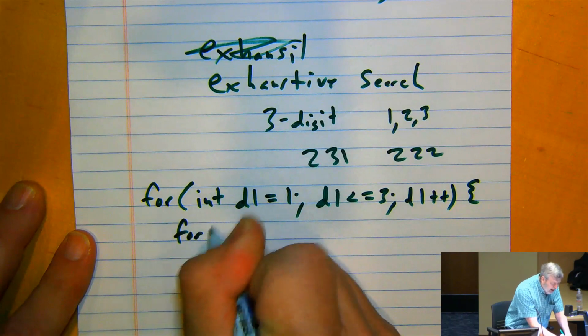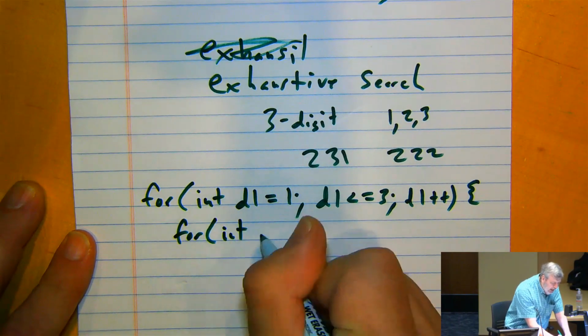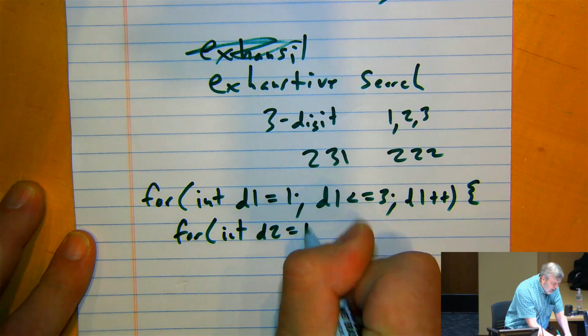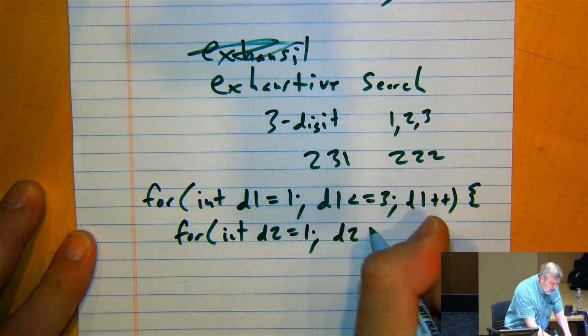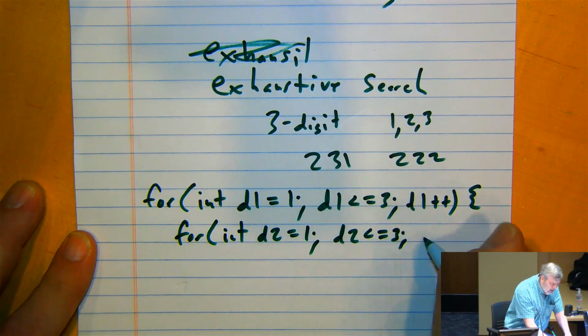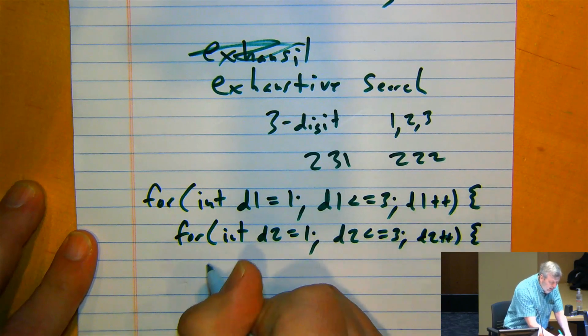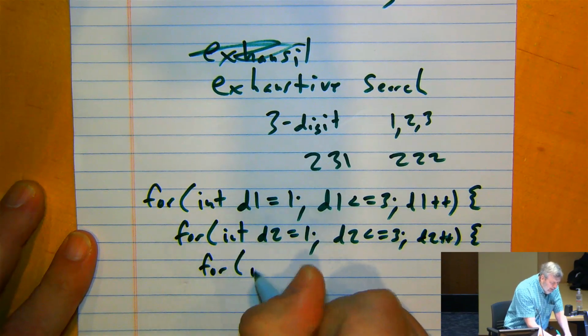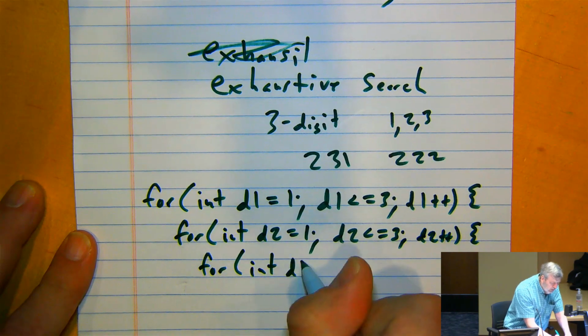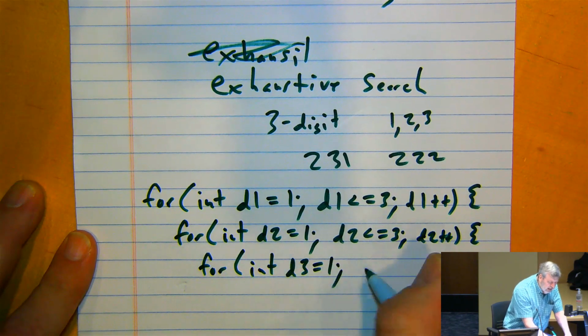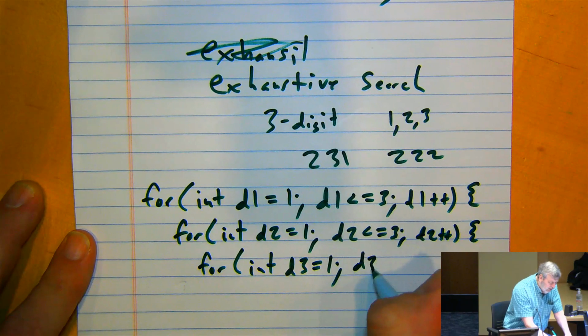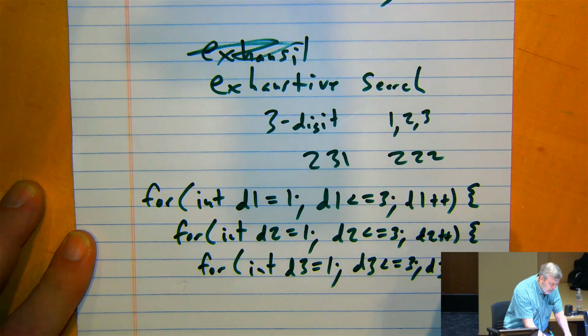Inside of that, there could be a for loop with all the possibilities for digit 2, d2 less than or equal to 3, d2 plus plus. And inside of that, another for loop that gets us all of the possible third digits, d3 less than or equal to 3, d3 plus plus.